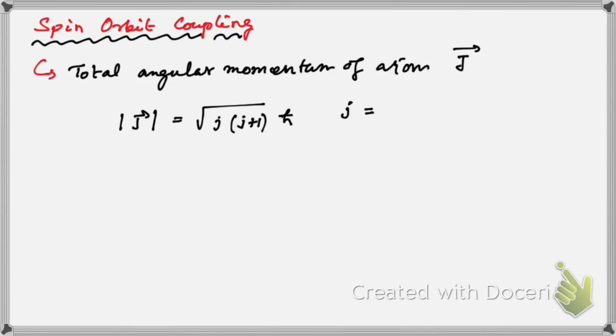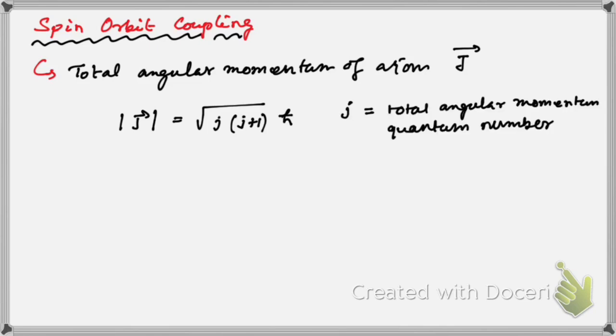Once you get j, this value gives the multiplicity, that means atomic states. That multiplicity is given by 2j plus 1.